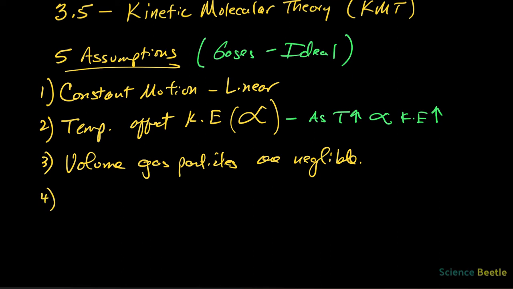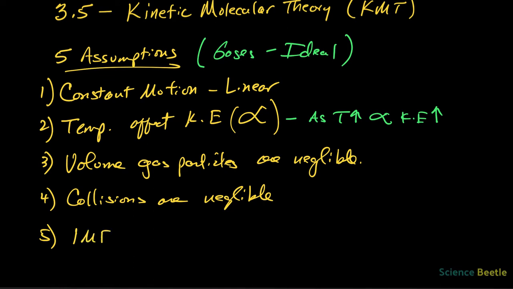And the fourth one here is that any collisions that happen to occur with gas particles, or for that matter also with the walls of a container that the gas might find itself in, those interactions or collisions are also negligible. So collisions are negligible. And then the last one here is that intermolecular forces, which we've already discussed in the previous units, are also negligible.